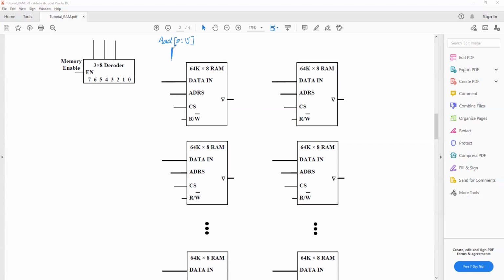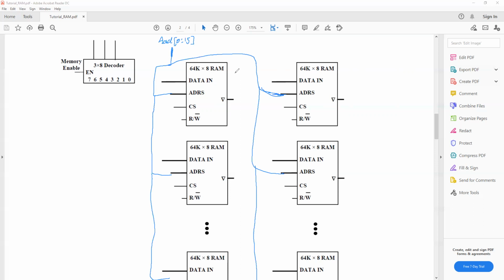You'll take that and route it to all the address lines in your memory. Of course, how many of these do we need? First, you need 2 of them. The 16-bit address is going everywhere.